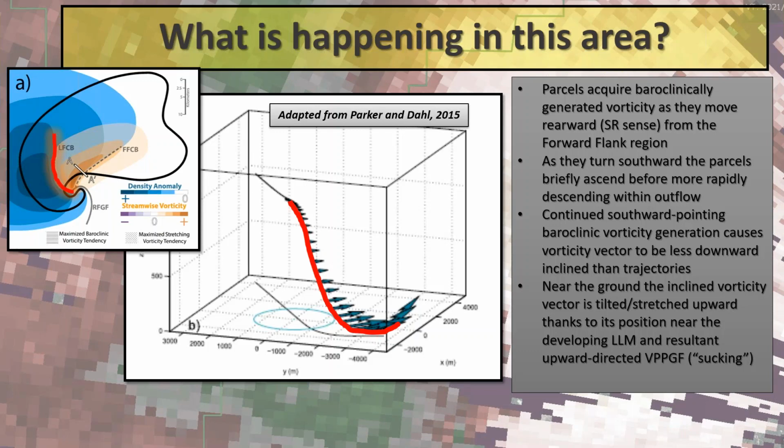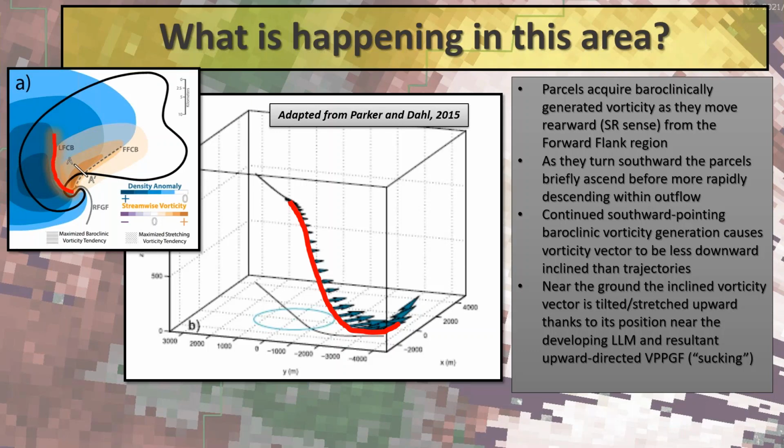Now, just kind of putting it all together, again, those parcels acquire baroclinically generated vorticity as they move rearward in the supercell. They originate from the forward flank region, and as they turn southward, the parcels briefly ascend before more rapidly descending within the outflow.